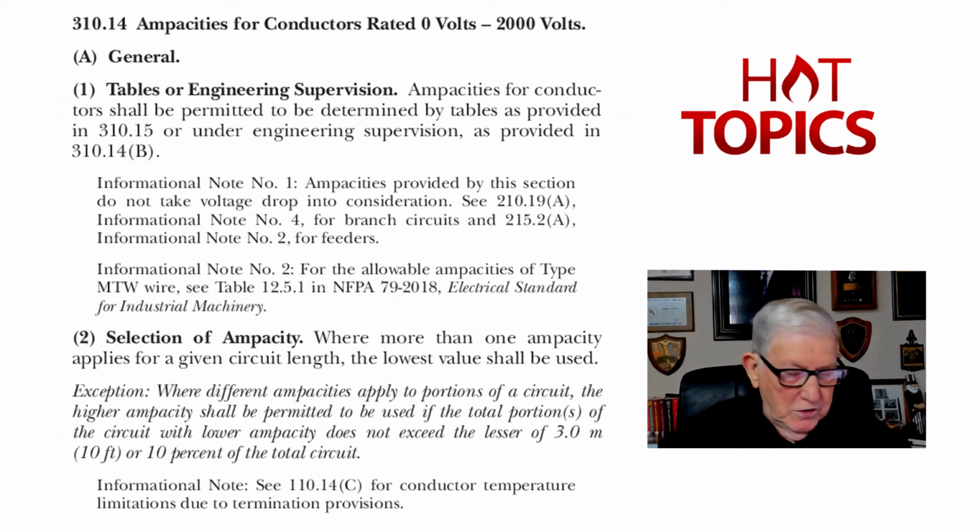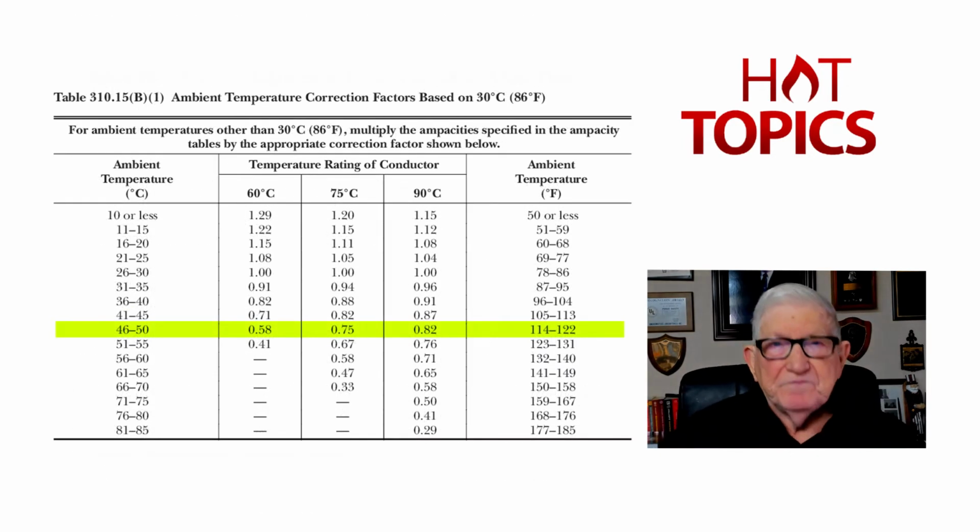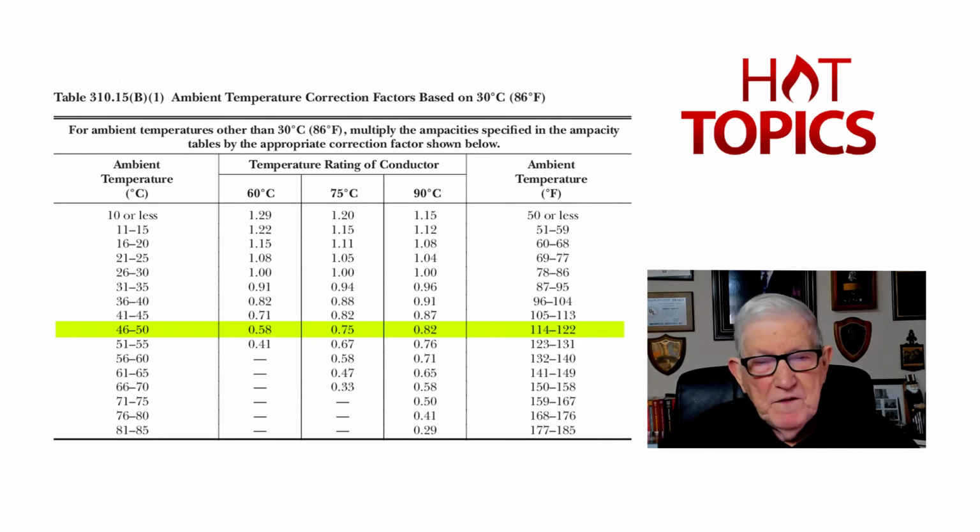So how would we accomplish that? We would turn now to page 159. And on page 159, let's just say we were routing it through 122 degrees Fahrenheit, more than 10% of the run or 10 feet.